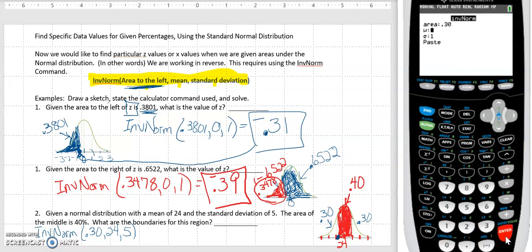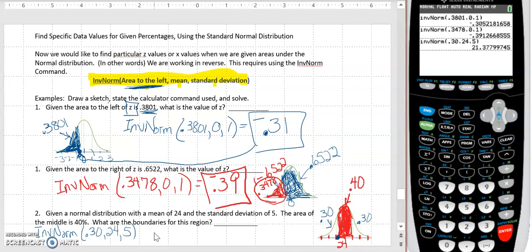The mean is 24. Standard deviation is 5. That's going to give us 21.4. I'll just round it off like that. So that means this boundary over here to the left is 21.4.